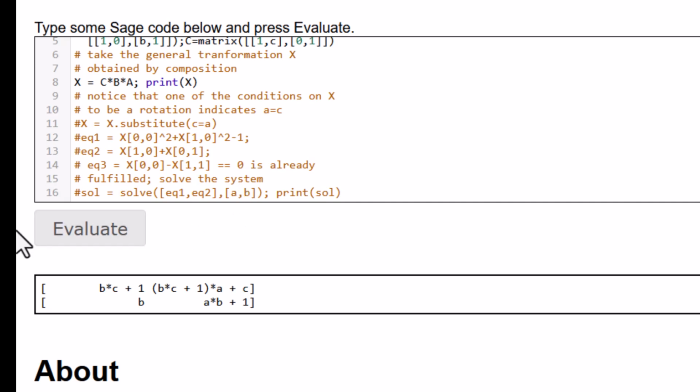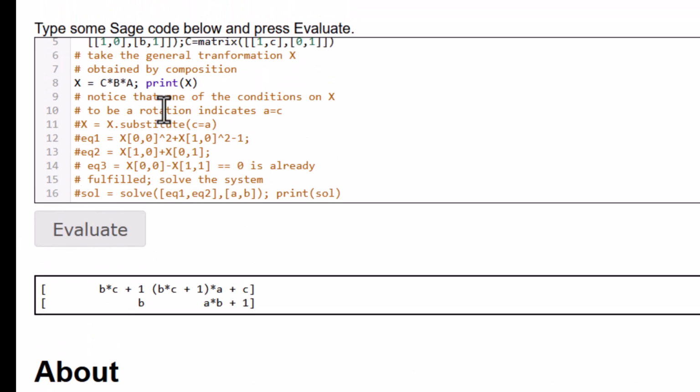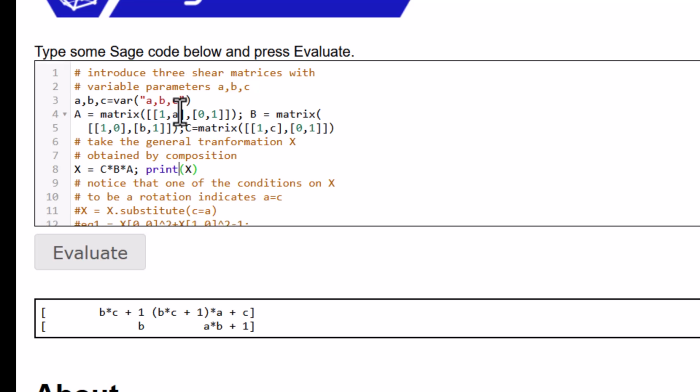So now if I do what's there, you see what I do: I introduce three shear matrices. One is the horizontal one, the other one is a vertical version of the same thing, the third one is again horizontal. It doesn't make sense to compose two horizontal ones in a row because it's again a horizontal one.